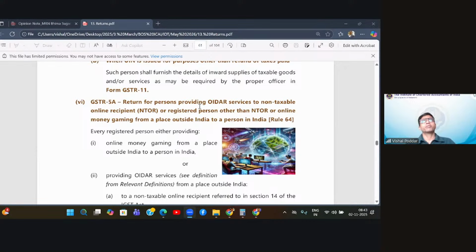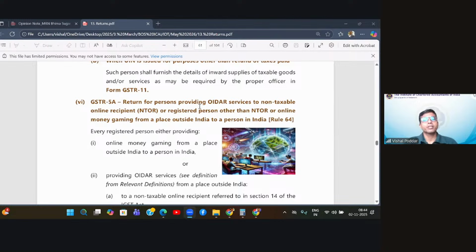Now, in all these cases where the recipient is a non-registered person like you and me, a common citizen who is using this data for themselves and their family, they cannot be made liable to pay tax under RCM. So the government has no choice but to make that foreign supplier of service liable. And for this, there are special provisions, because generally you cannot bring a foreigner under your tax net, as you will not have any access or control over them.